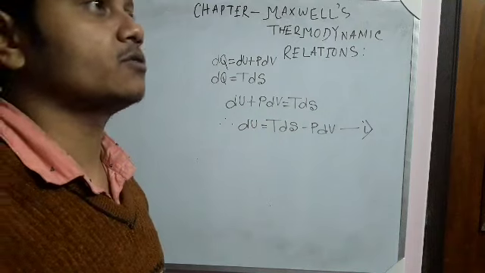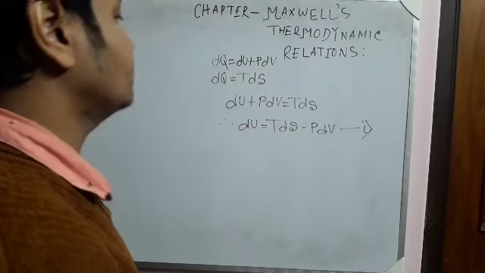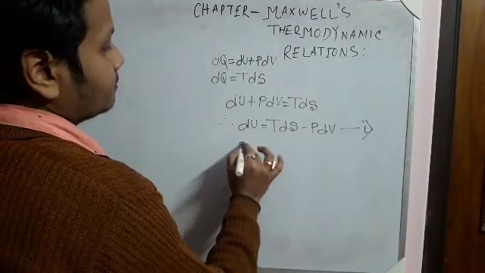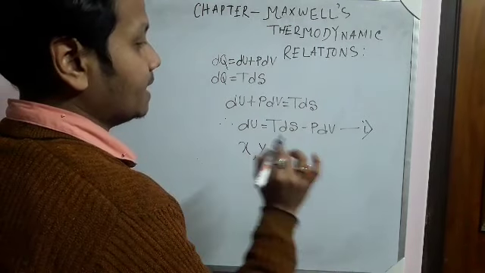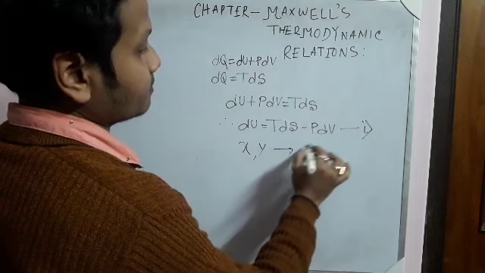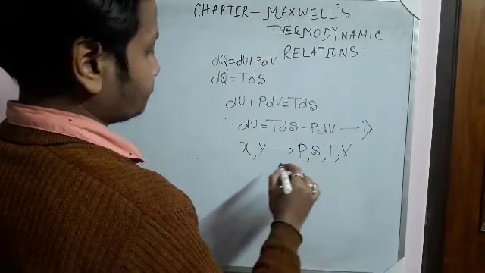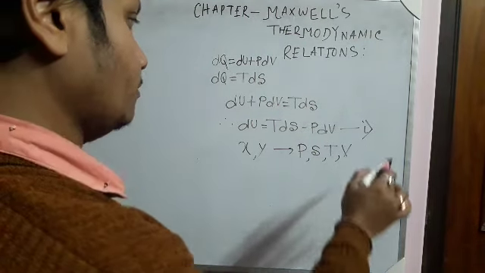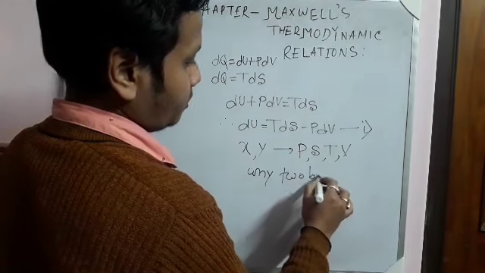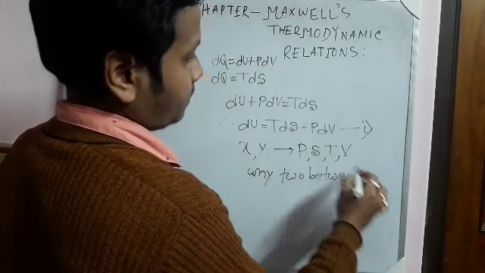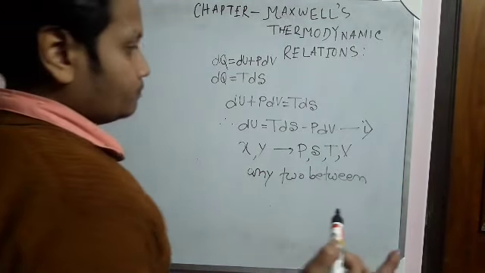So in general the state of a system represented by this equation can be expressed in terms of 2 independent variables, say x and y, and this x and y may be any two between P, S, T, V.